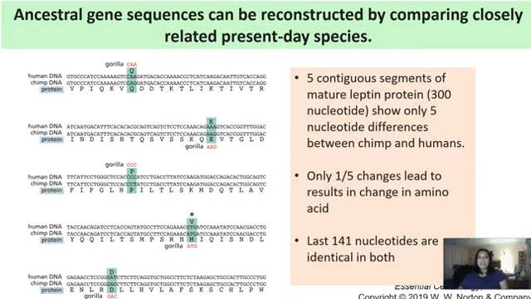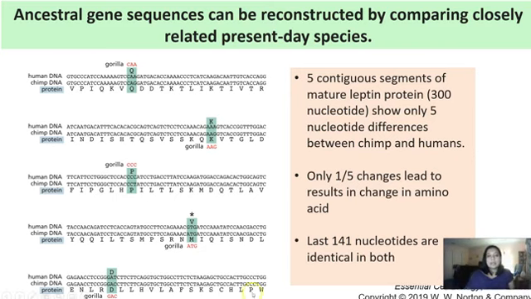So here you can actually look at a sequence of your genome. In this one, we are looking at a particular protein, the mature leptin protein, which is a small protein to begin with, but we are looking at about 300 nucleotides over 5 contiguous segments.